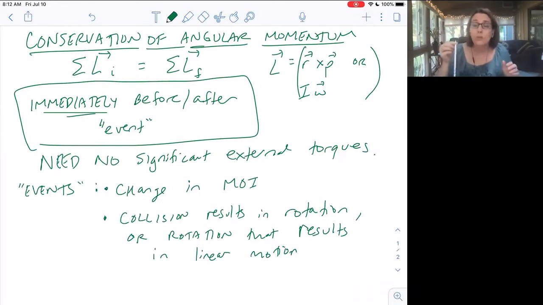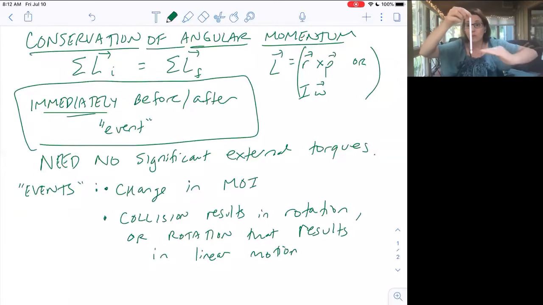So the angular momentum of that system is conserved, and that's how you analyze that system. Now, remember that this straight line motion does have angular momentum relative to the pivot point. So the initial angular momentum here, the R cross P, the instant right before it hits, equals the angular momentum right after of the object in rotation.